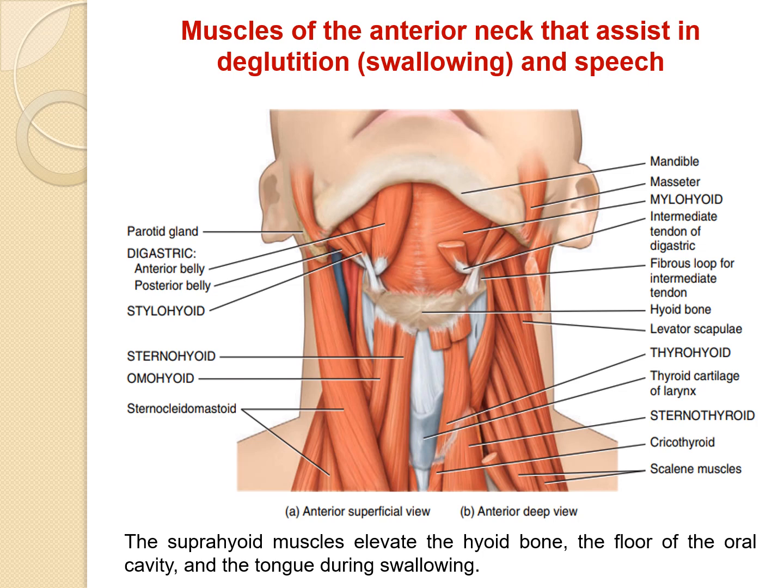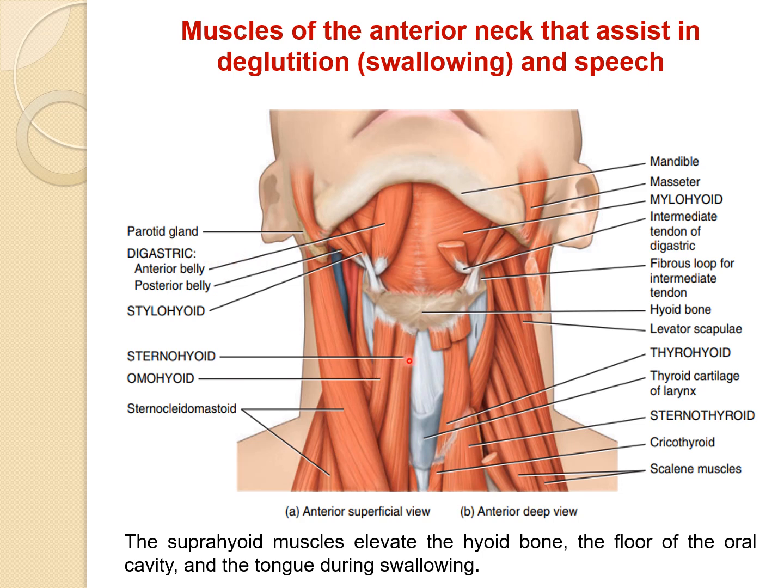Now here you can see the muscles of the anterior neck that assist in deglutition, that is swallowing, and speech. If you see here, this muscle is the stylohyoid, and this one is the anterior belly and this is the posterior belly of digastric muscle.